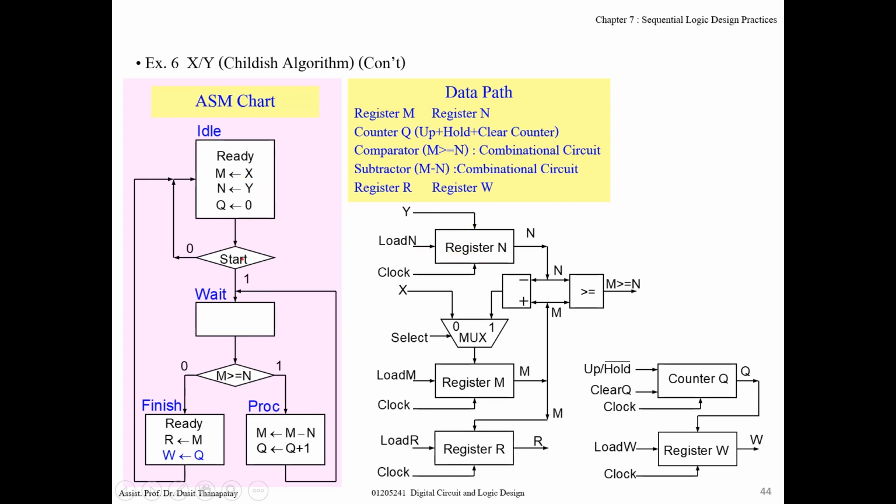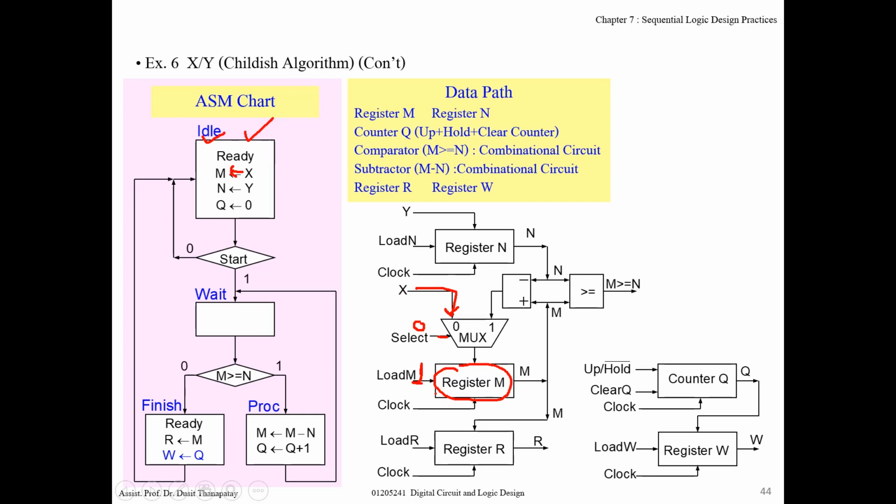And register M. Register M at state idle: if you load data from X, Y, that means load must be active. Load M is the enable control, right? Load M must be active at this state, and the multiplexer must select input from X, namely the select signal must be 0 at this state.